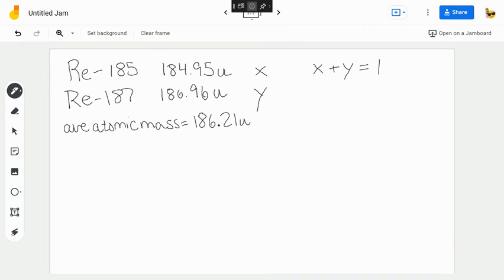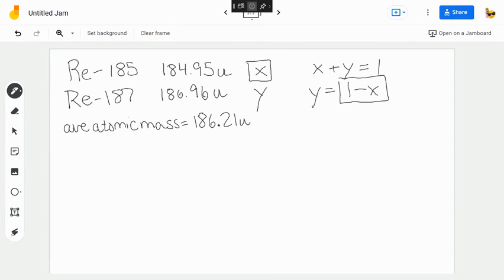If I rearrange this equation, I'm going to say Y is equal to 1 minus X. So the abundance of rhenium-185 we're going to list as X. And the abundance of rhenium-187 we're going to list as 1 minus X. I said be careful because the mistake I see made all the time is that people want to call it X minus 1. For some reason, we want that X to be first. But in this case, it is not first.